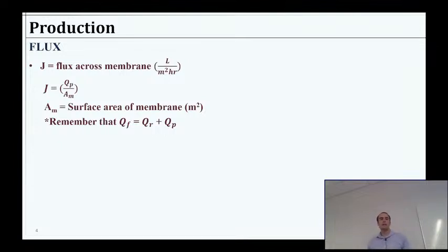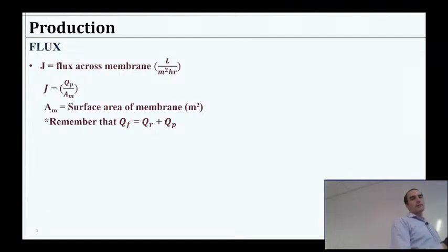Okay, next would be some flux terms. So another concept that we need to be able to use is, well, how much water are we getting per area of our membrane, right? We talked about that already, how it scales typically in a general sense, but how are we going to calculate or identify that given some particular scenario?